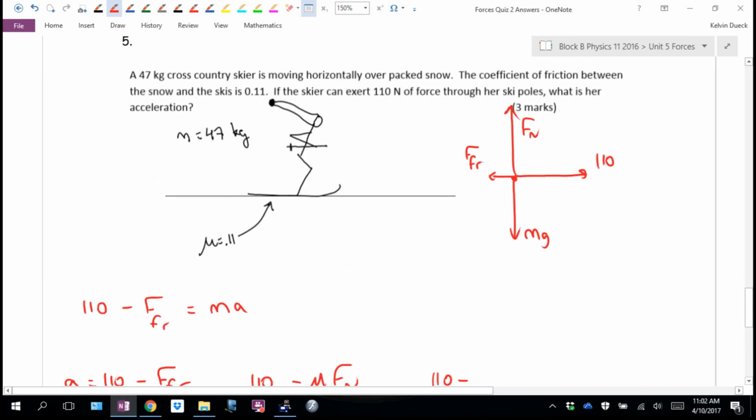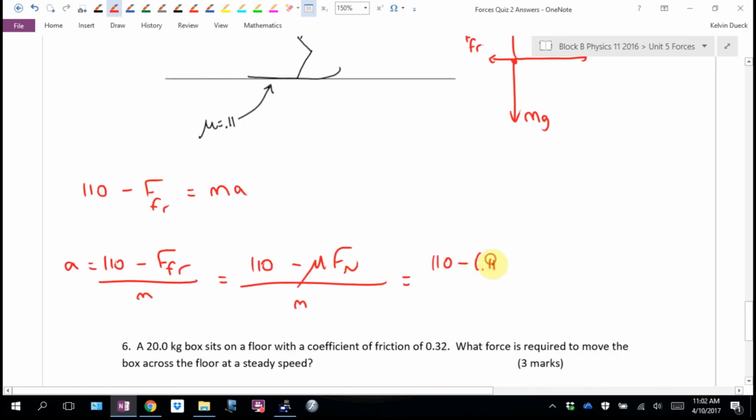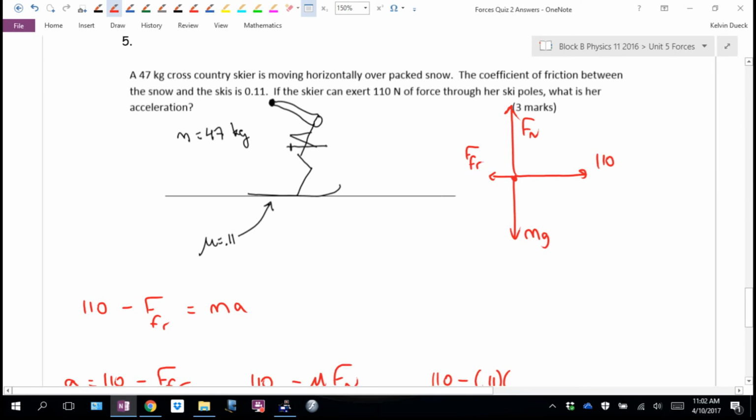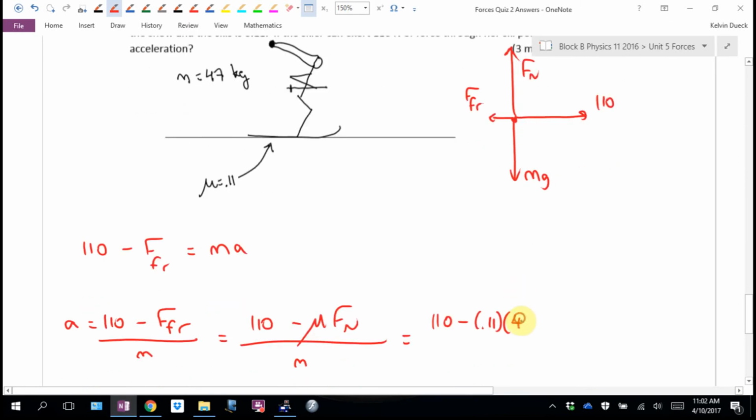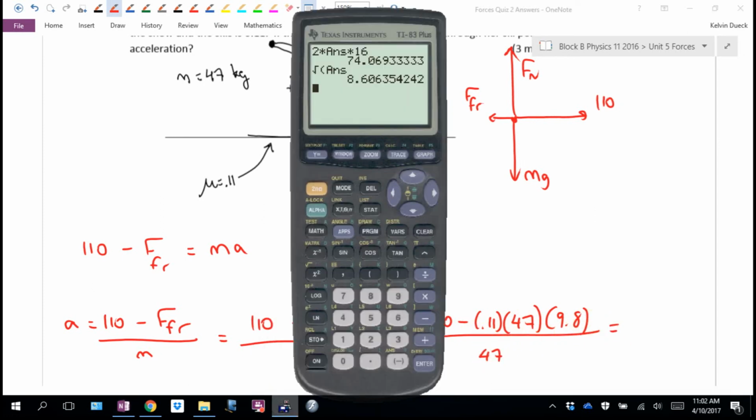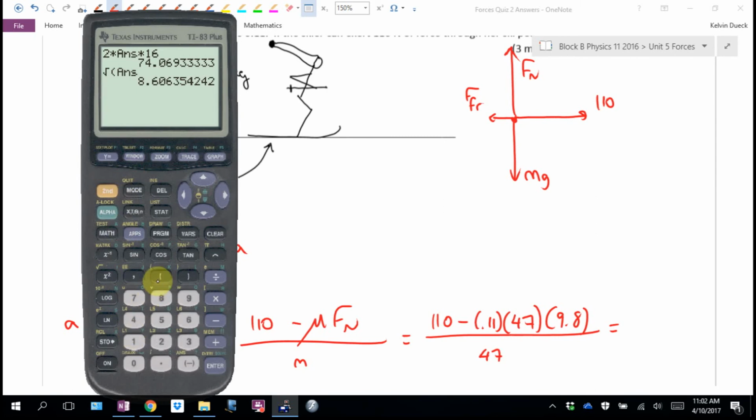I don't know, what's mu with you? 0.11, that's about right for snow. m, 47. 9.8, divided by 47. 1.26. Thumbs up. Yeah. 1.3.